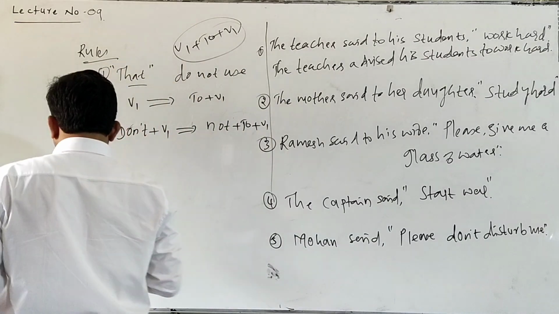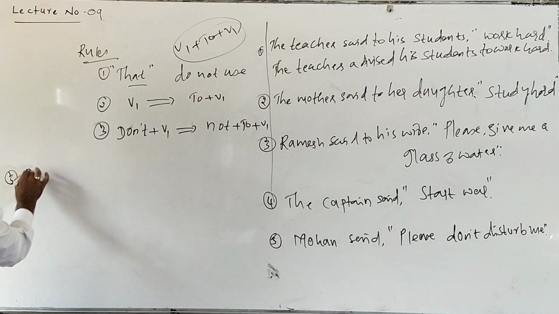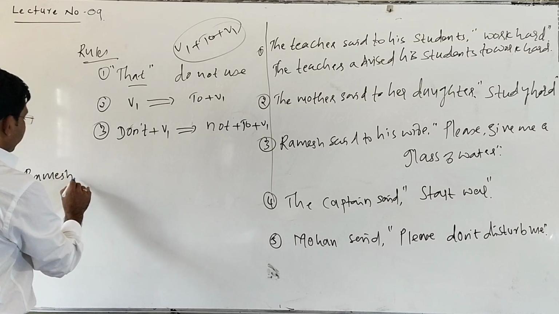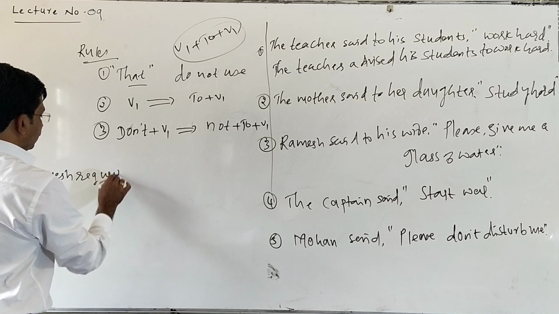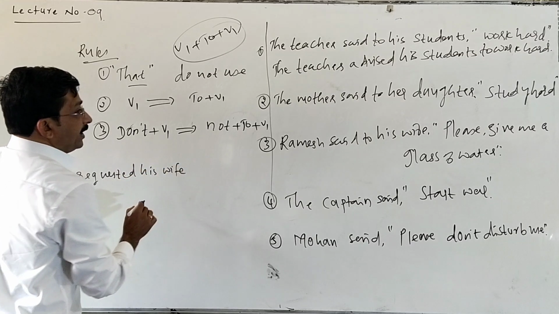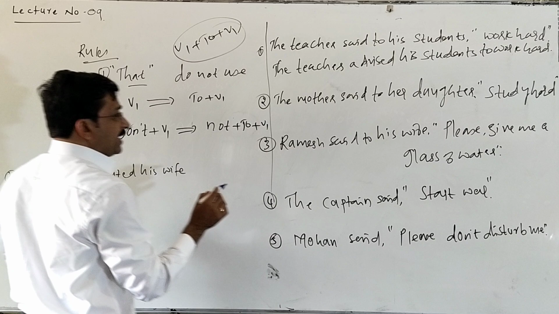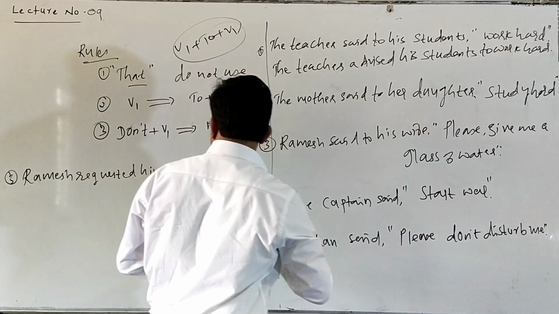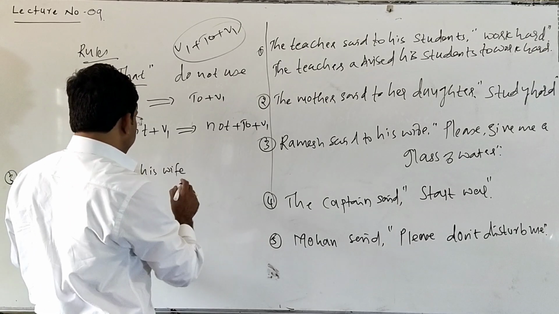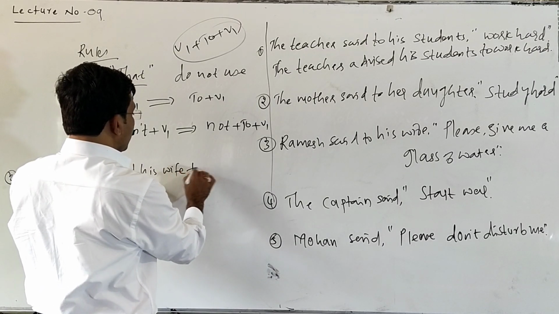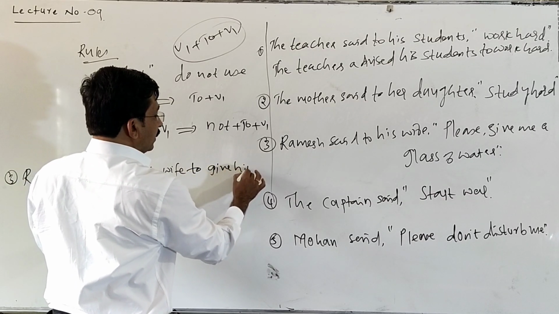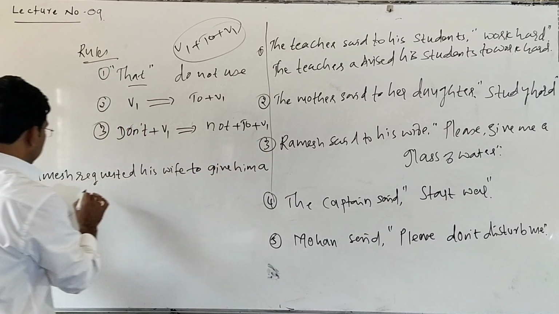Here Ramesh requested his wife. Once again we need not consider please, please is considered here only, in the form of a request. Requested his wife to give him a glass of water.